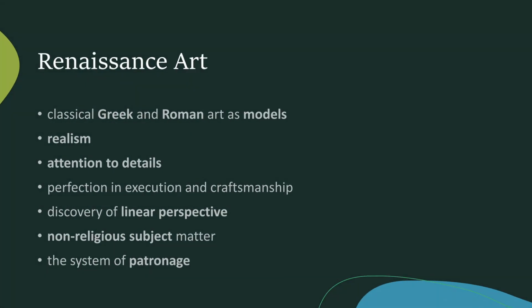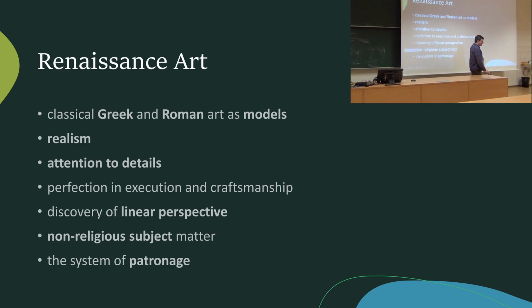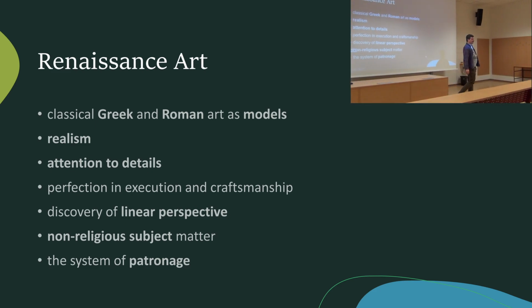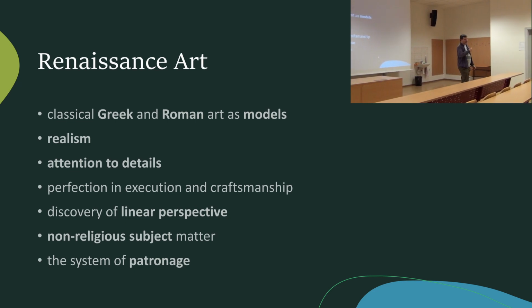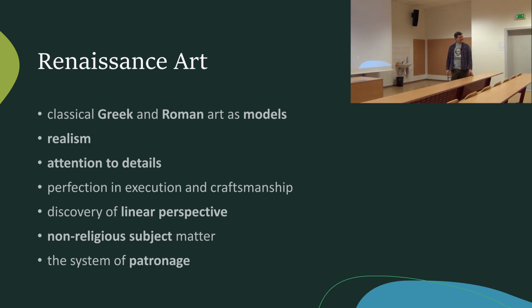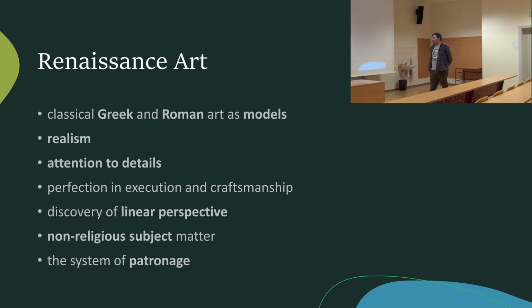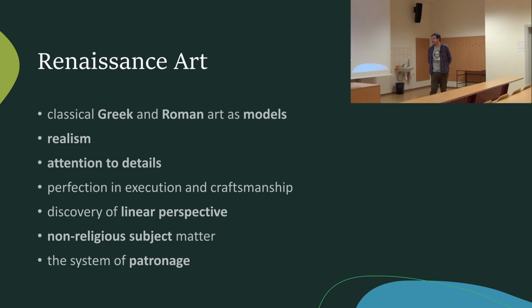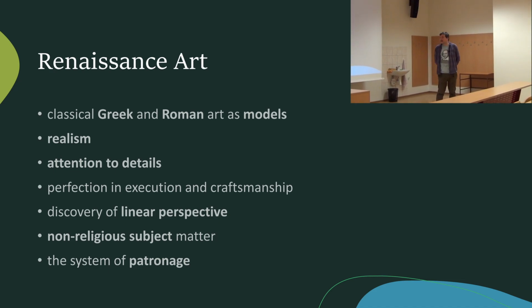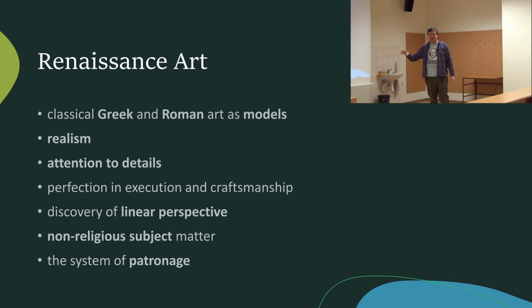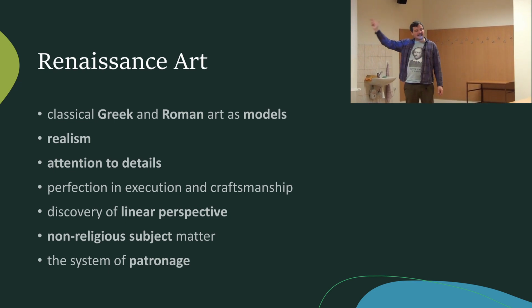Okay, so let's talk a little bit about Renaissance art. Now, after spending roughly an hour on talking about how Greek and Roman ideas actually influenced them, it's not going to surprise you that Renaissance art has Greek and Roman art as their models. Now, some of the other things that we can mention are things like realism.